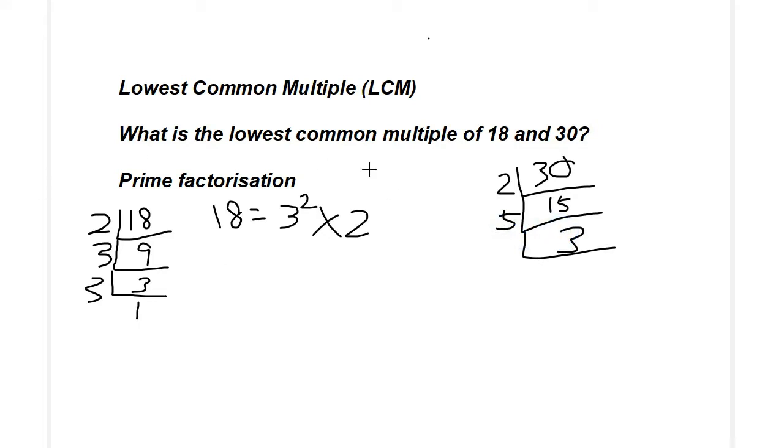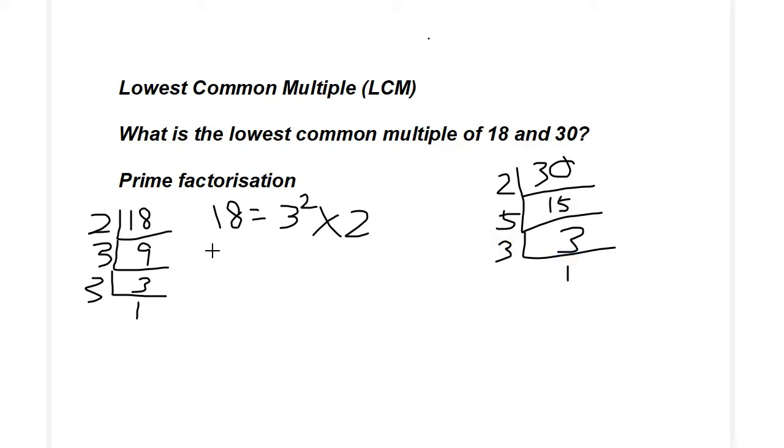Okay, if you are not really clear on why I'm doing this, you can go and check my previous video on prime factorization. Basically it's just breaking down the number into its product of prime factors. So 5, 3 becomes 1.